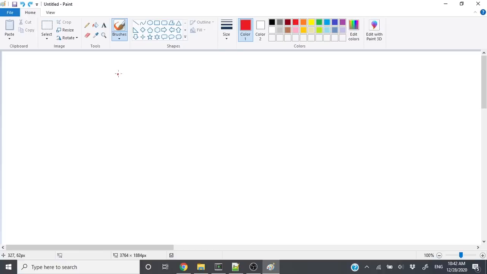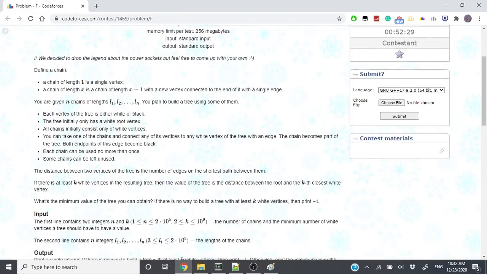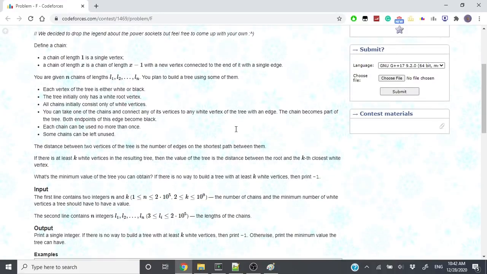I'll use red as white and blue as black. Sure. Okay. So we have, because I don't like drawing white on white, it's just not gonna work. So we have some stuff going on.